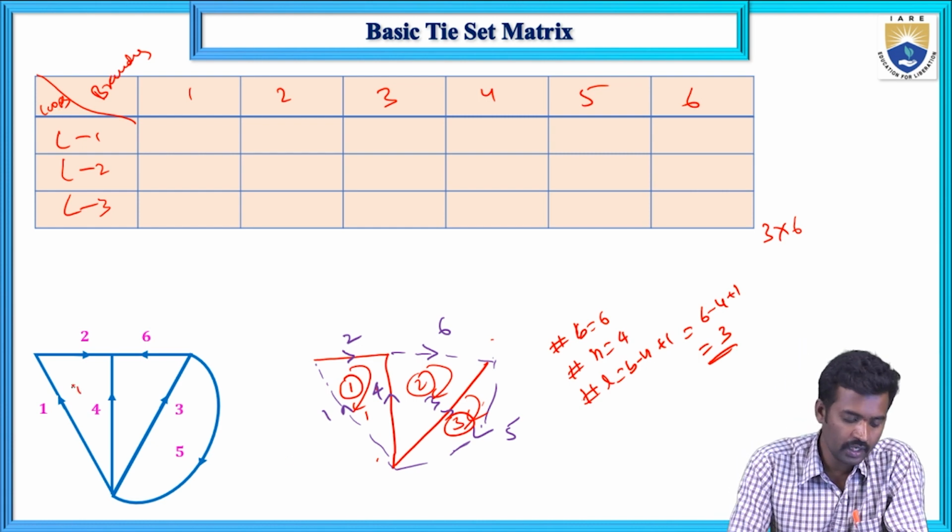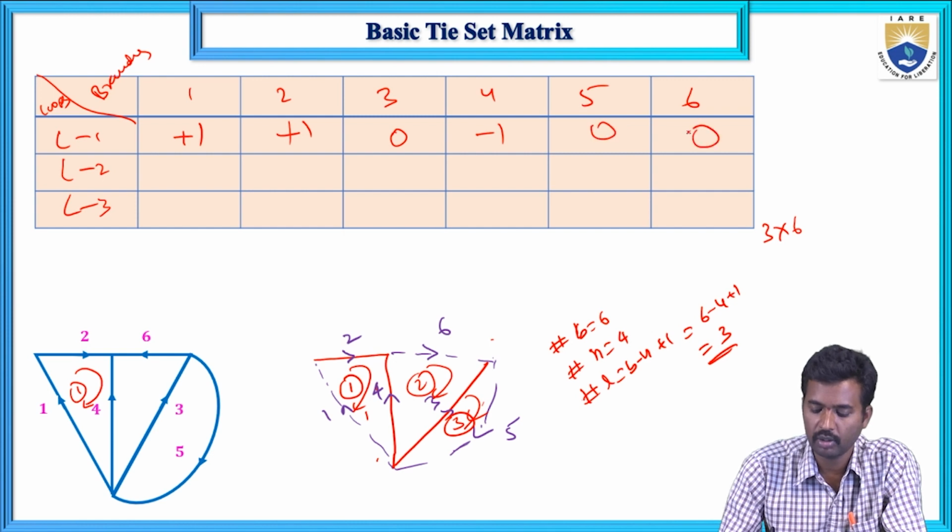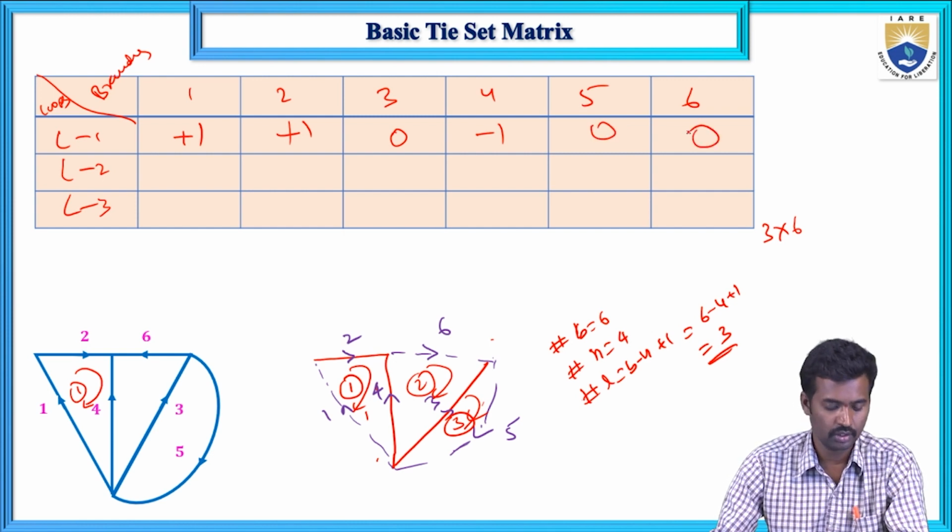Now here this is the first loop direction. Branch 1 is the same direction, plus 1, branch 2 is the same direction, plus 1, and the fourth direction is minus 1, and all remaining elements are 0, not associated.